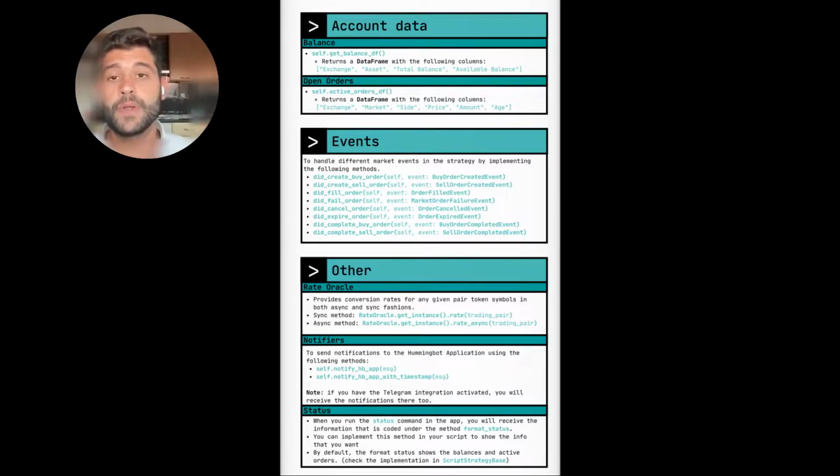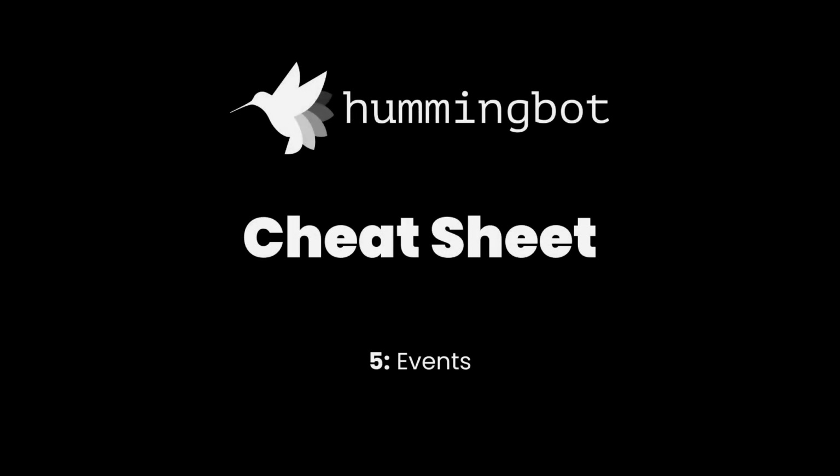And to retrieve the open orders, you have the method self.active_orders_df, and that will return a data frame with the exchange, the market, the side, price, amount, and age. The age is how much time the order has been in the market. Obviously you have other methods to retrieve a list of limit orders or different ways to retrieve this information, but in this case I'm explaining the simplest method that retrieves a data frame, and then with the data frame you can do whatever you want.